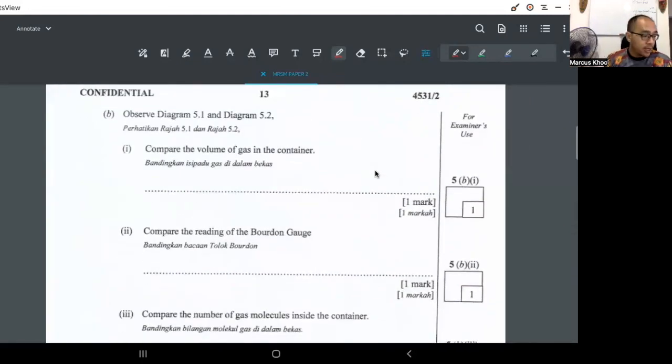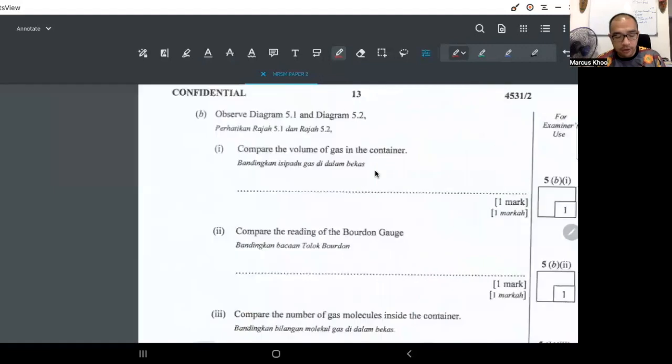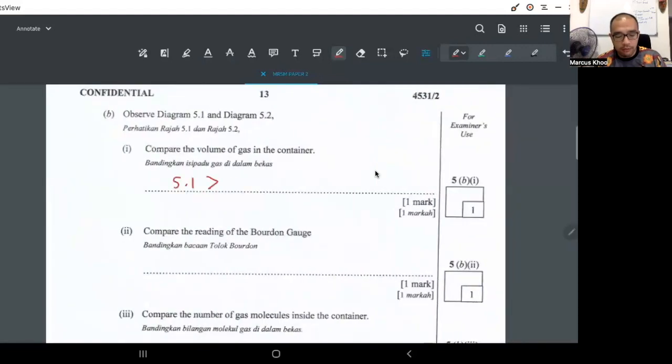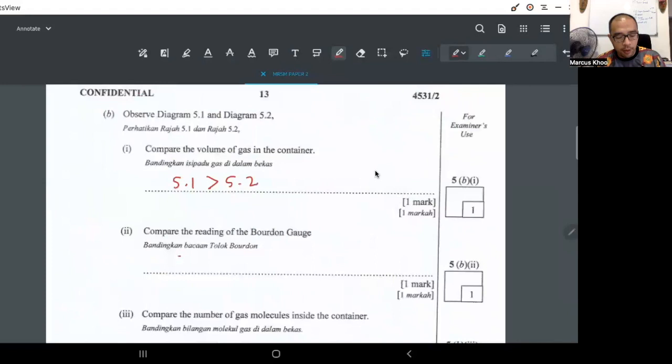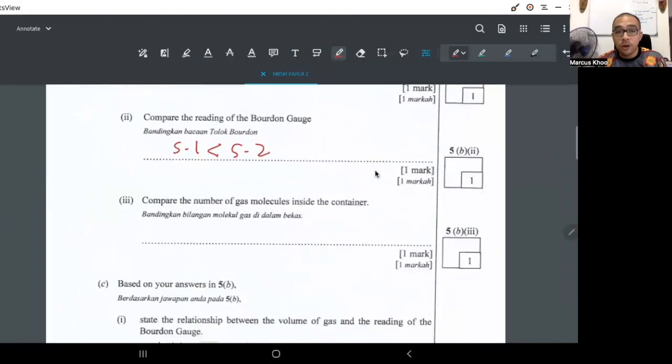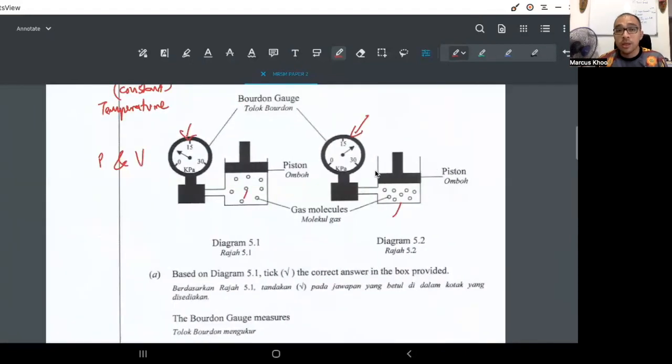Compare the volume of gas in the container. Okay, yeah, if you can see the volume of gas, this one got more volume or this one less volume. So 5.1 is more than 5.2. Okay, when you compare the reading, okay, it's very clearly seen lah. Okay, you will see that 5.1 is less than 5.2. Okay, now you compare the number of molecules. How do you compare the number of molecules?